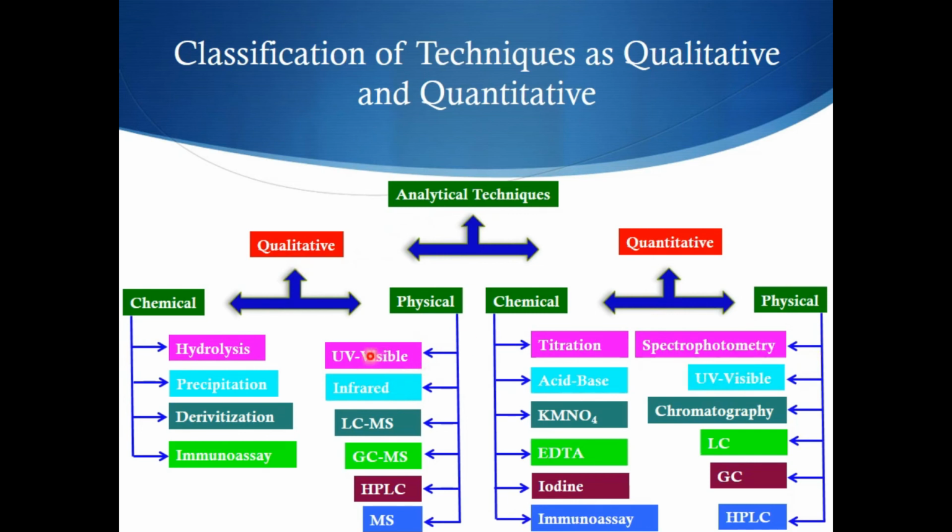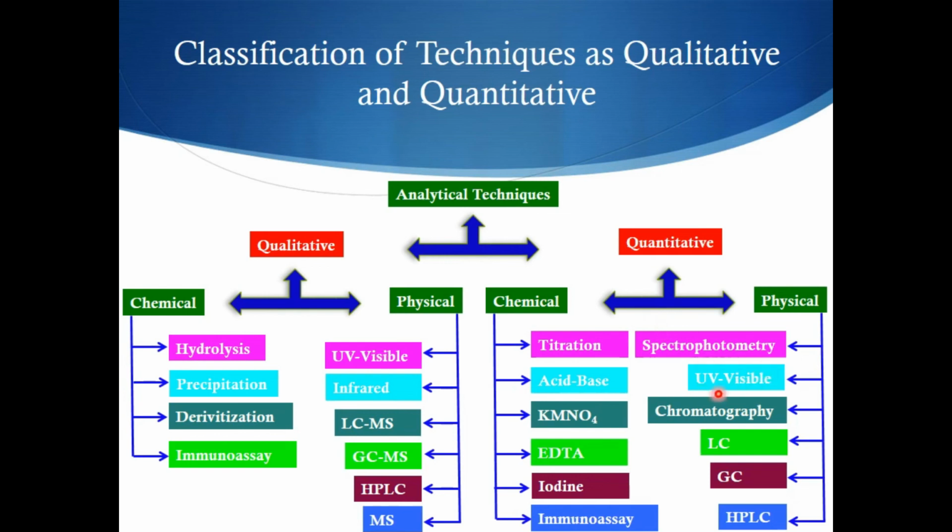For qualitative analysis, we stop our measurement at lambda max, that is, we determine the lambda max of a specific substance, and then we compare its value with that present in the literature, and by comparison we can make a guess about the presence of a compound.